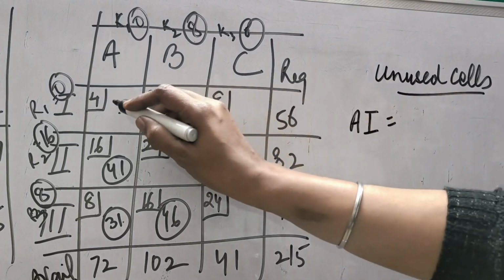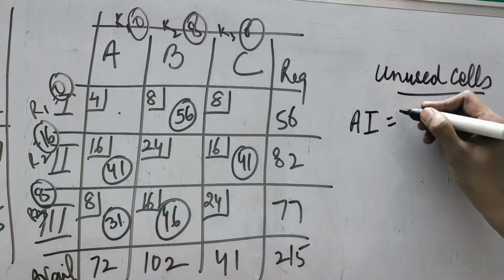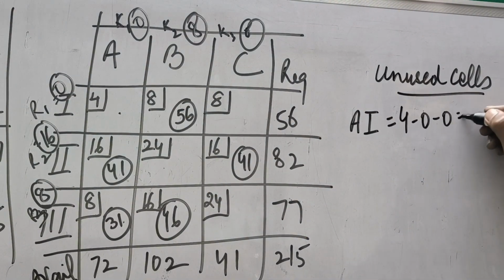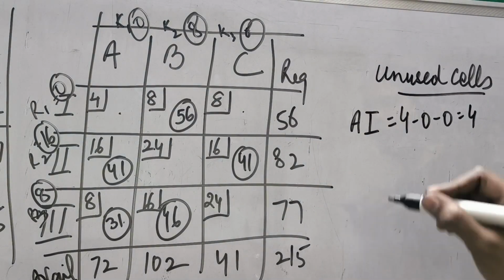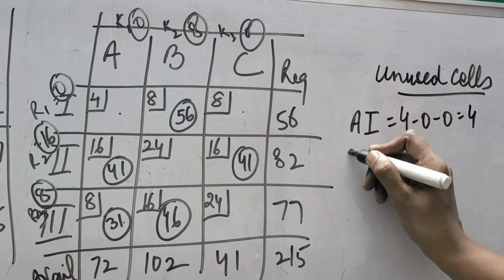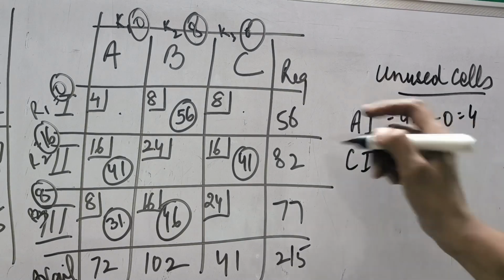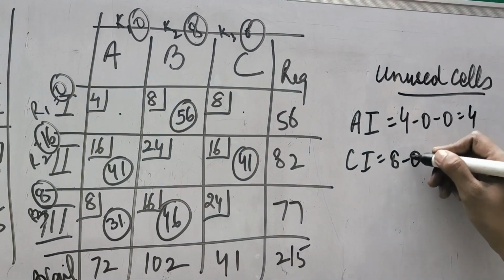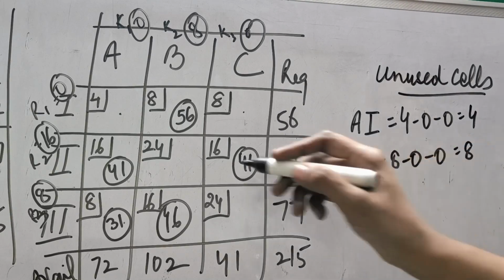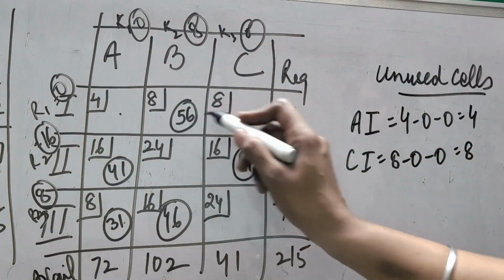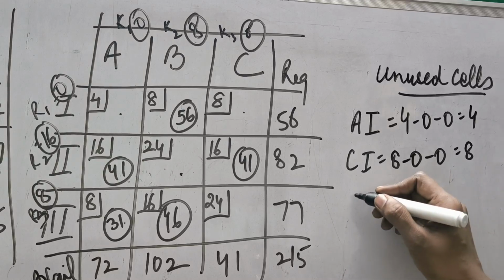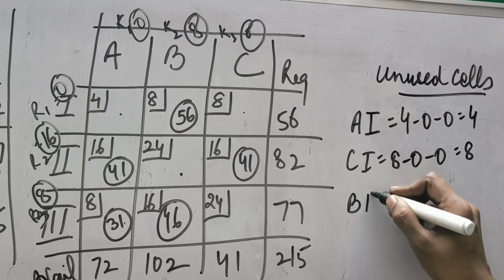So how to calculate the value? 4 minus 0 minus 0. Answer will be 4. First opportunity cost. This is the unused cell. So it will be C1. Value will be 8 minus 0 minus 0. It will be 8. Coming to the next unused cell. This is the unused cell, that is B2.